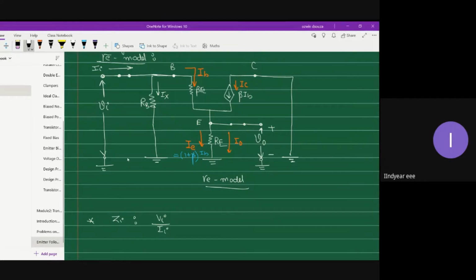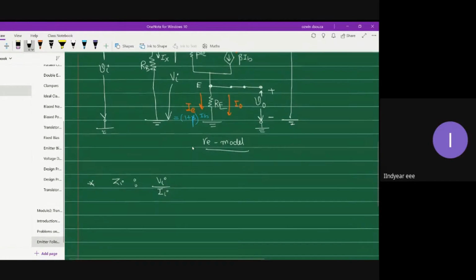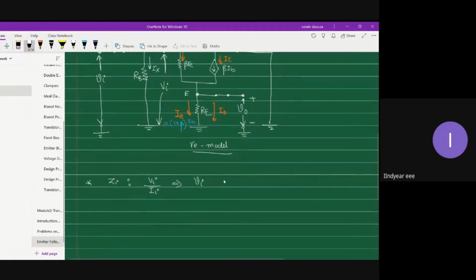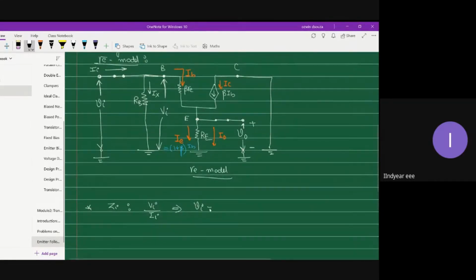To find ZI, it is similar to your unbypassed capacitor case. What we will do is take this input voltage VI right across base and ground terminal. So let me place VI over here itself, and let me write the input voltage VI.